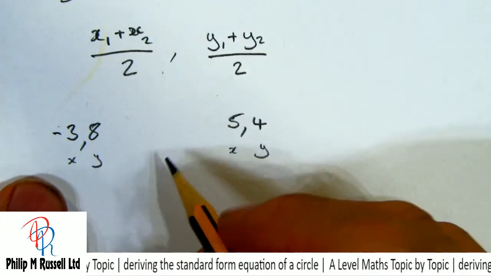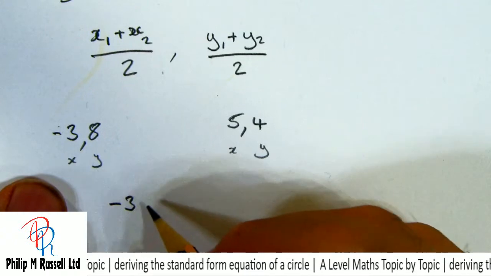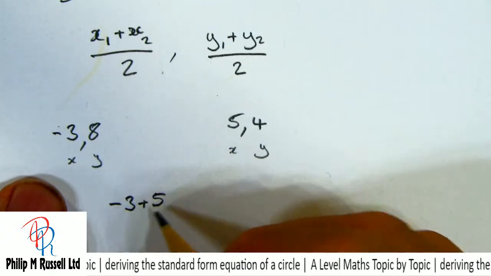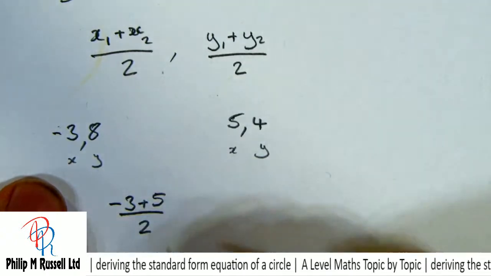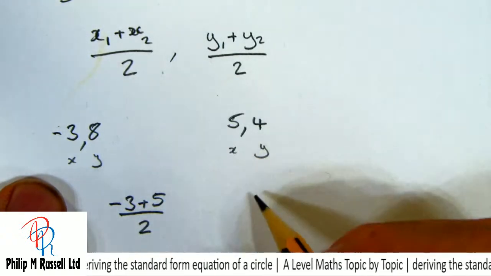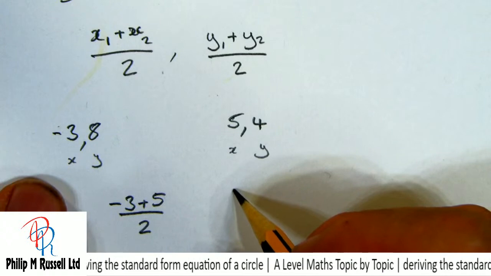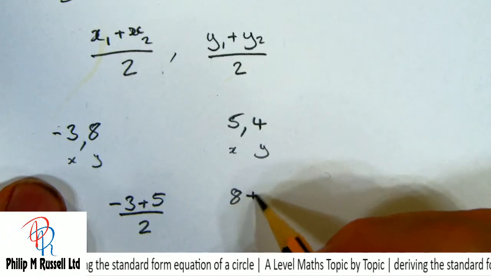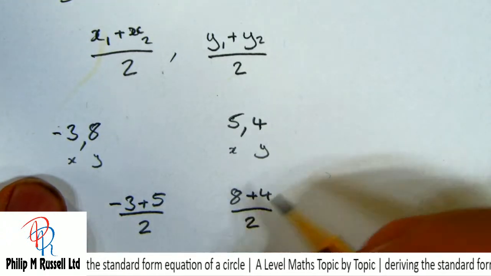So we've got here -3 plus 5 divided by 2, and the other one, which is going to be 8 plus 4 divided by 2.